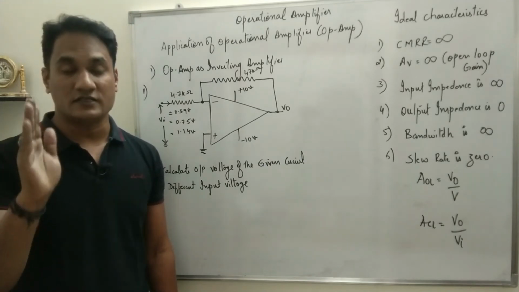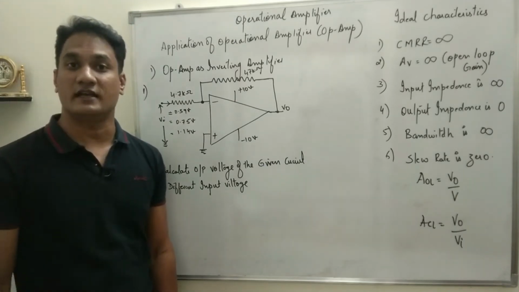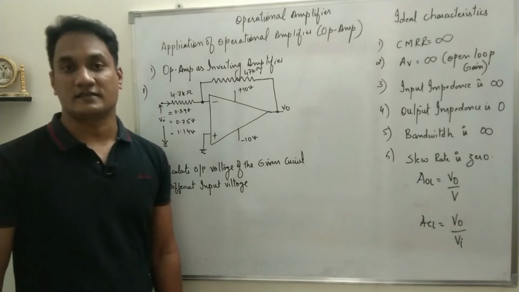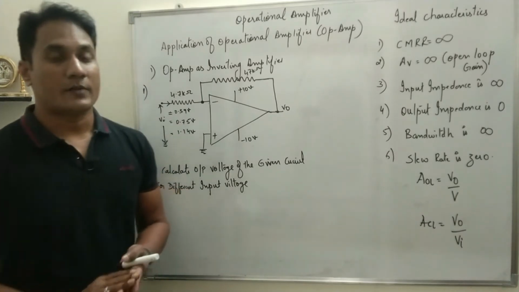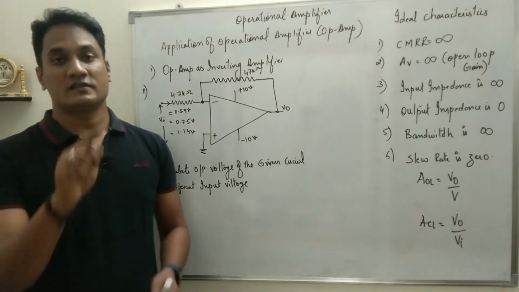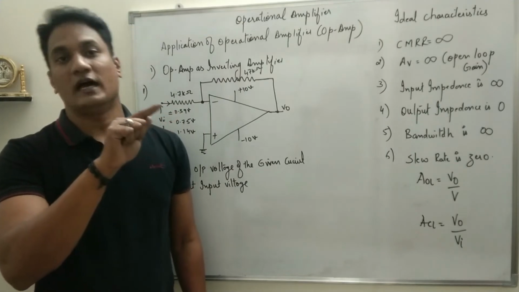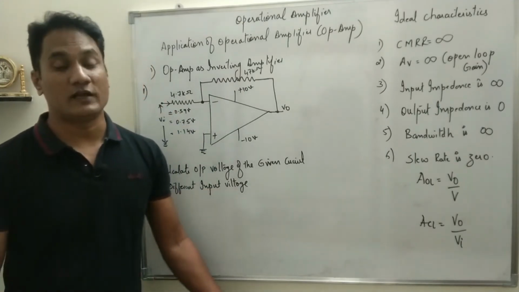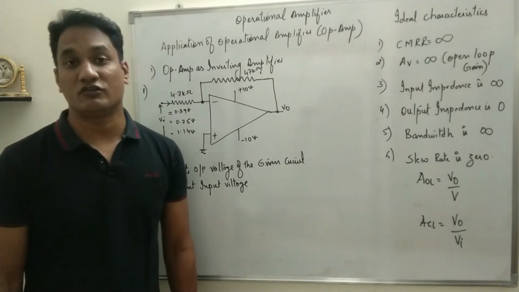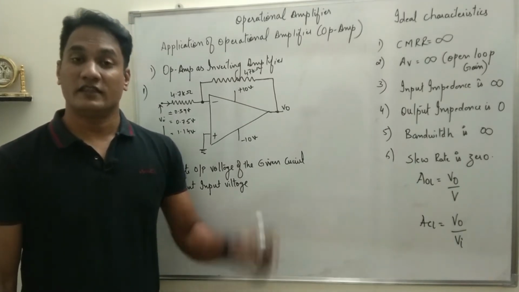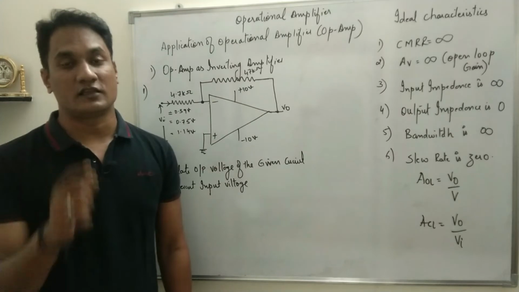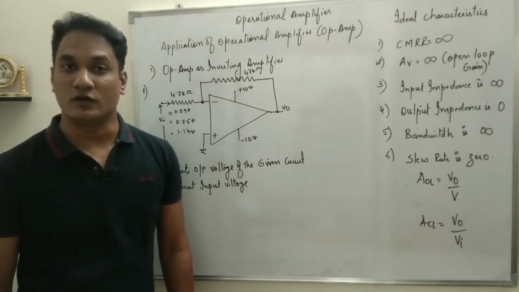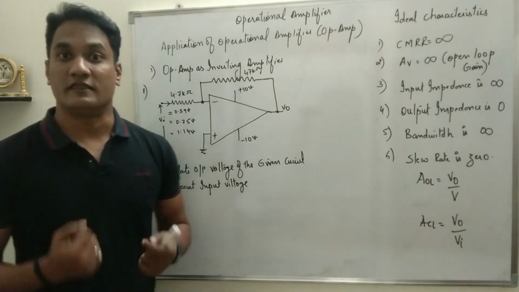So it is very important that you understand the logic behind the circuit. When I say op amp as inverting amplifier, that means the output should be inverted with respect to the input, and that will happen only when the input is applied to the inverting terminal and the non-inverting terminal is grounded. That is what we have to see in the circuit diagram.